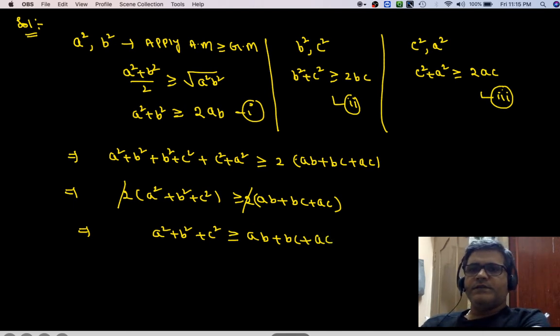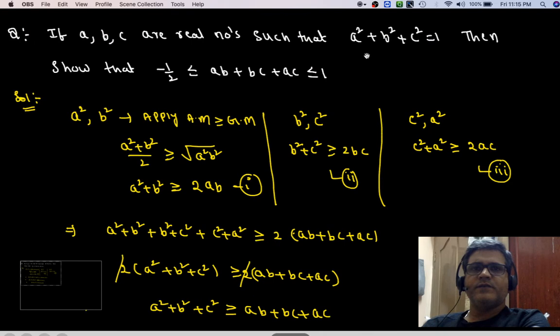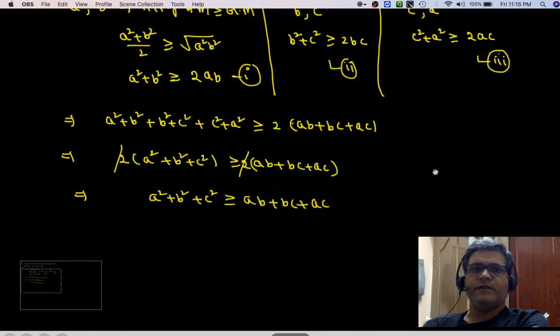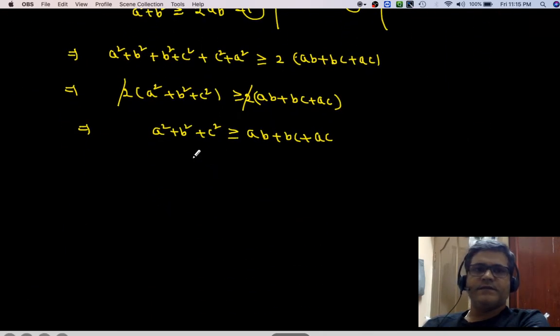But in the question it is given that a square plus b square plus c square is 1. Since a square plus b square plus c square is equal to 1 given, therefore put a square plus b square plus c square equal to 1.